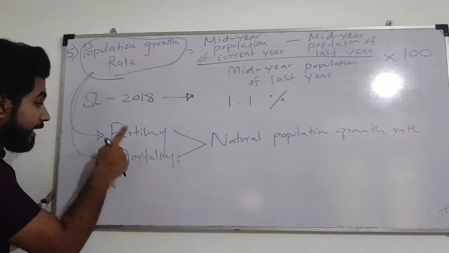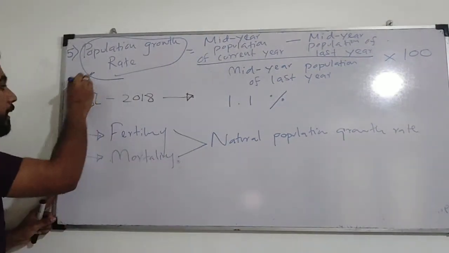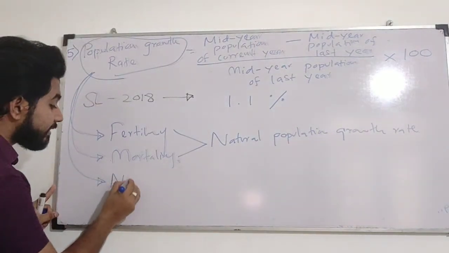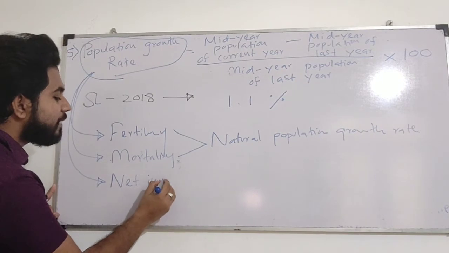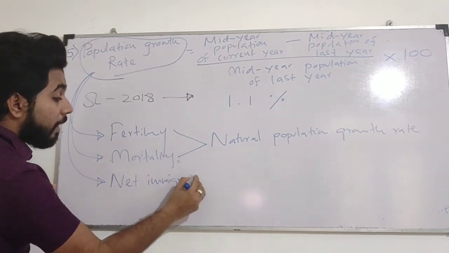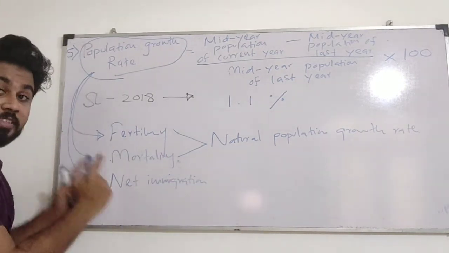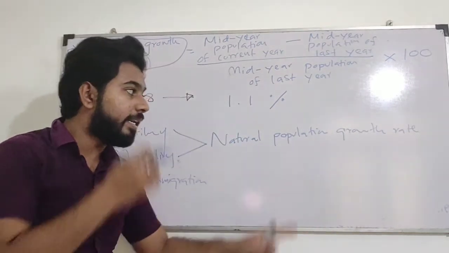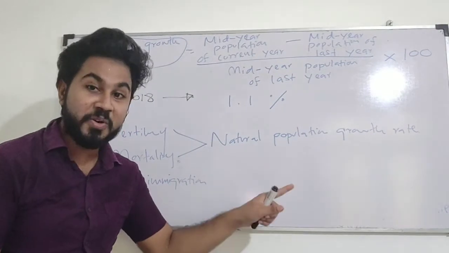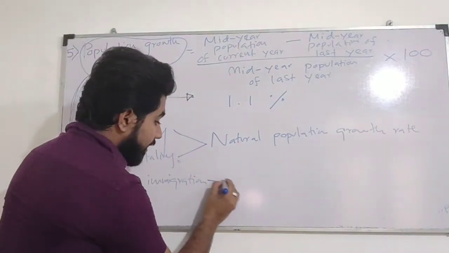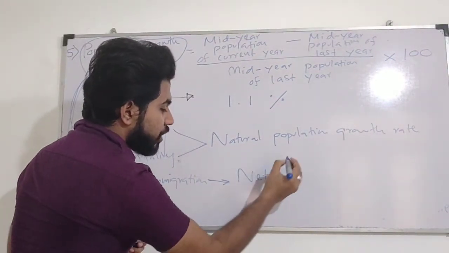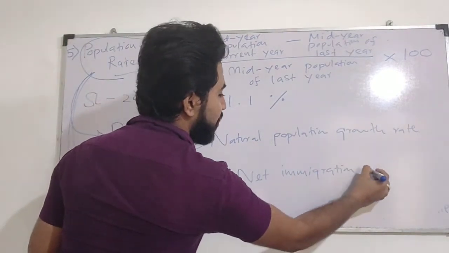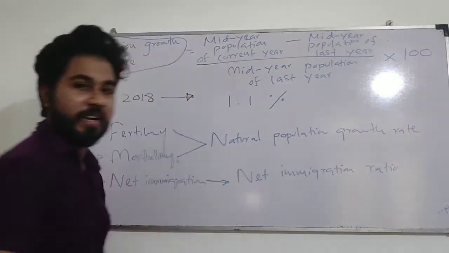In addition to fertility and mortality, population growth will happen as a result of the third factor, net immigration. But the net influence of net immigration on population growth was not included in natural population growth. This was included in the net immigration ratio.